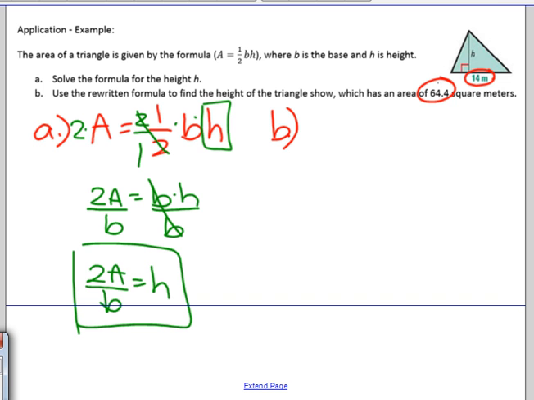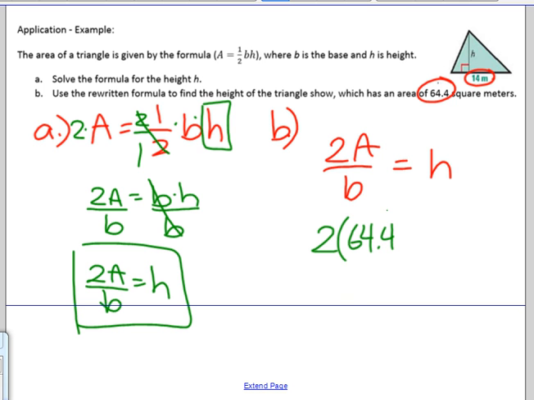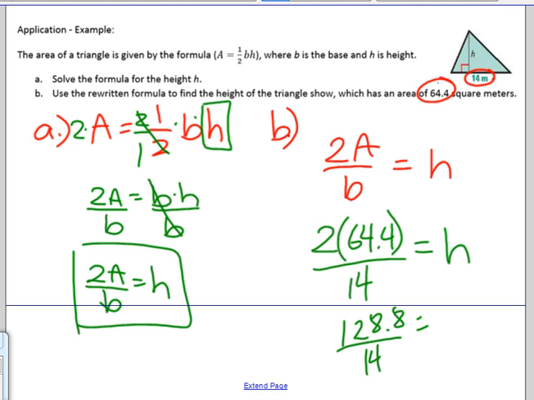All right, guys, so I'm going to plug in 2A over B equals H. I'm going to plug in my area and my base. So 2 times 64.4 over 14 equals H. Make sense? So when I multiply 2 times 64.4, I get 128.8 over 14.